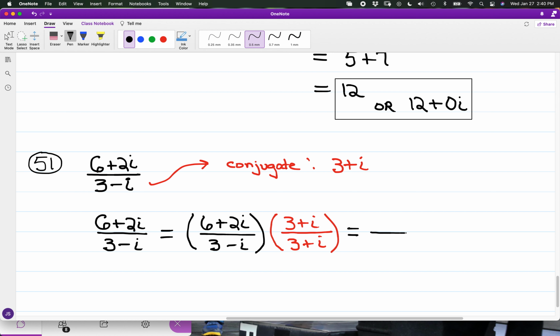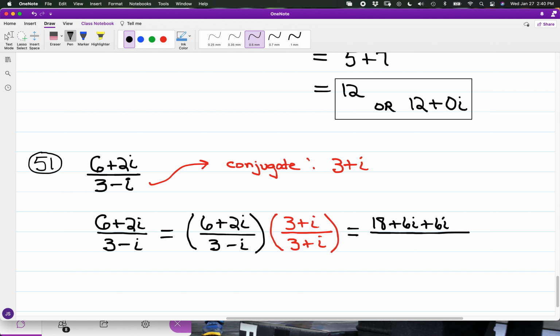And if I go ahead and distribute with the FOIL, if I take the FOIL of the numerators, I've got 6 times 3 is 18. The outside product has 6 times i. Inside I have 2i times 3, so we have another 6i.